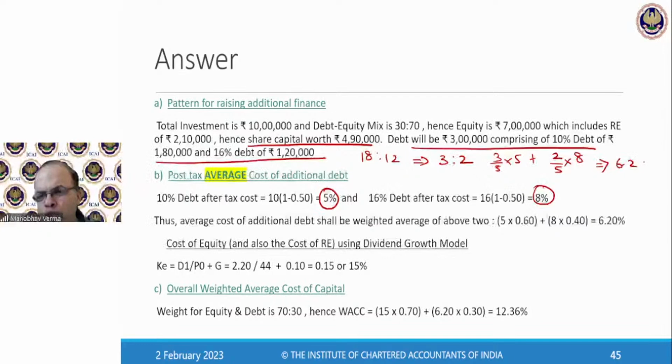That means 6.2% cost of debt. I think many of you already calculated 6.2. Great. Jay Kumar is ahead of the game. All okay, guys? Everyone doing good?